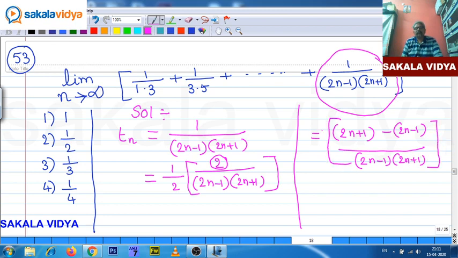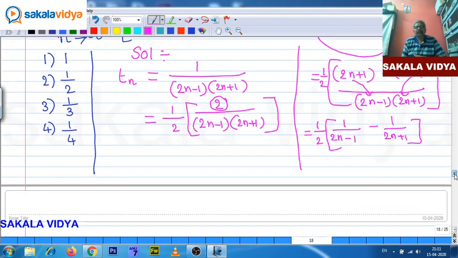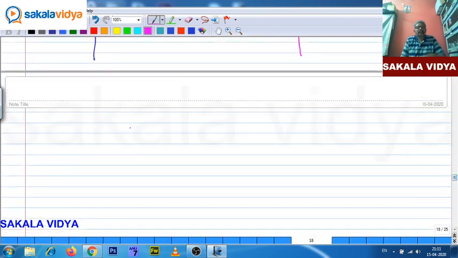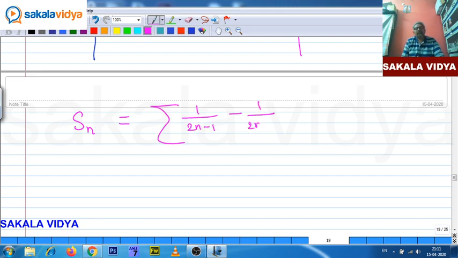Yes, you will get 2 only, by 2n minus 1 into 2n plus 1. So, here we have 1 by 2. This is equal to 1 by 2 times, this divided by this and again this divided by this, you need to split it: 1 by 2n minus 1 minus 1 by 2n plus 1. Now you need to find the total sum of the series, that means Sn. Sn is equal to sigma of 1 by 2n minus 1 minus 1 by 2n plus 1, where n is from 1 to n terms.